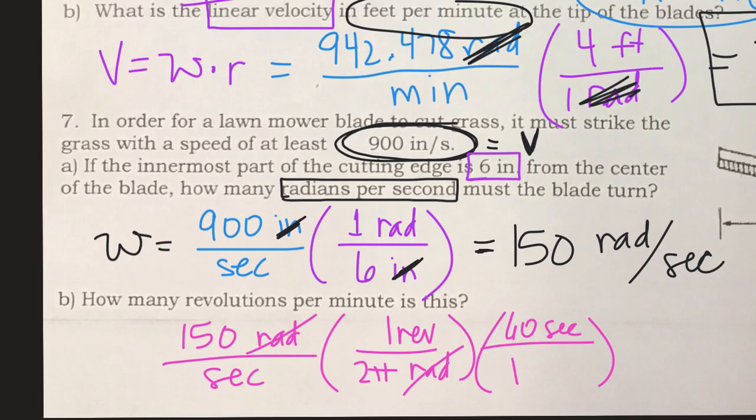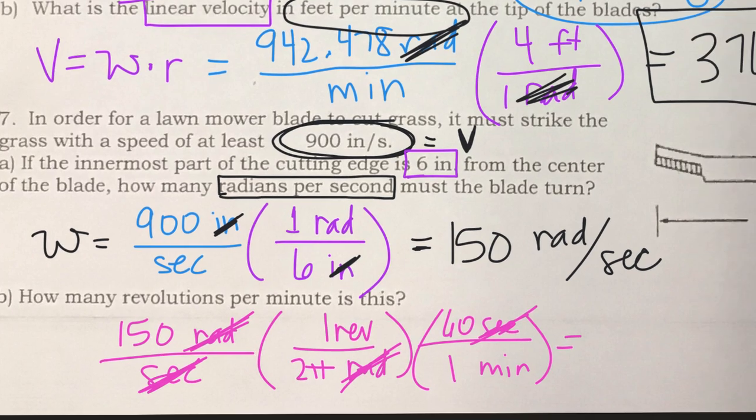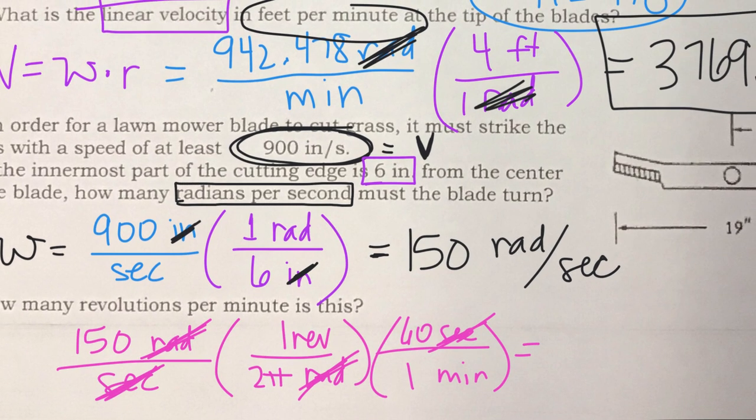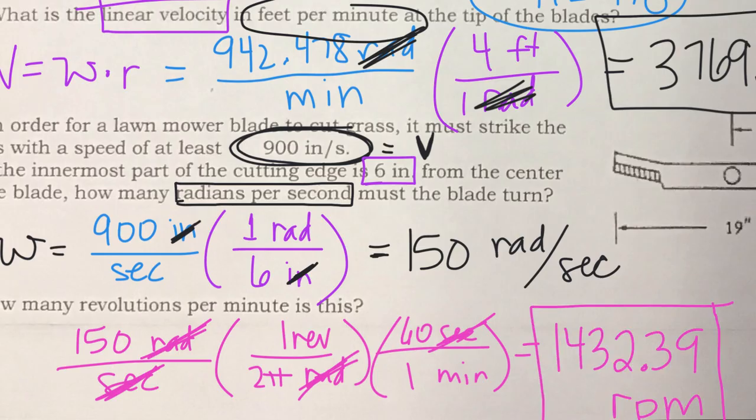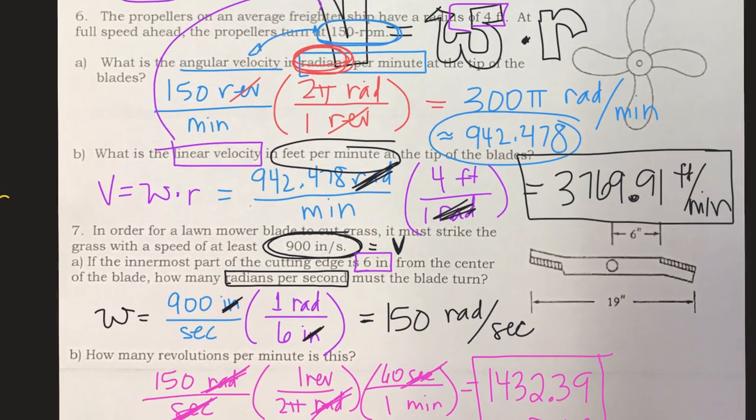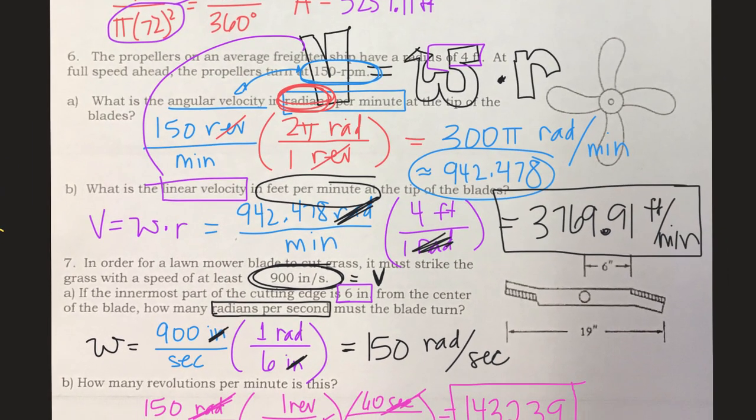So seconds goes on top, 1 minute goes on bottom, so that the like units on top and bottom can divide each other out. So 150 times 60 divided by 2 pi. So 1,432.39 revolutions per minute. Okay, so there's some good stuff there converting from one unit to another.